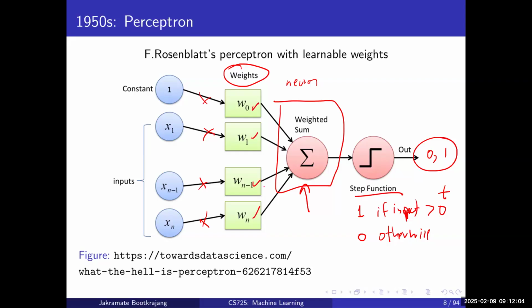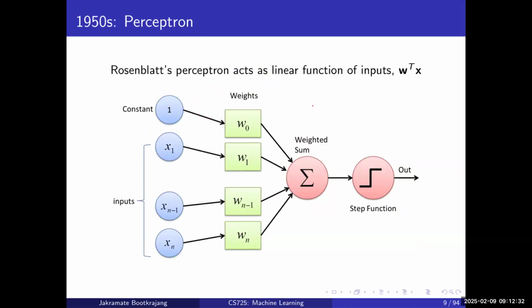So when he proposed this type of neuron structure, he also proposed how to compute the weight, right? And the way to compute the weight is very simple. You can just use any optimization, right? Because you have this function, so basically it comes down to weight transpose times x. You have this x as an input, you multiply by the weight, and then you do the sum.